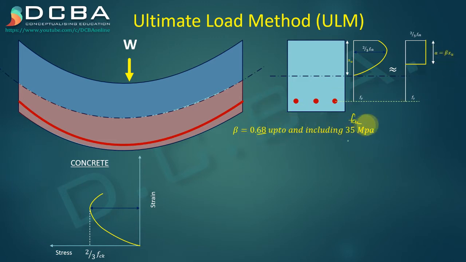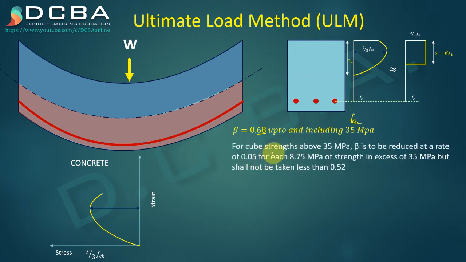But if your FCK is above 35, then for cube strength above 35 megapascals, beta is to be reduced at a rate of 0.05 for every 8.75 megapascal increase in excess of 35 MPa. But this value should not be reduced below 0.52. So if it is going below 0.52, you should take 0.52 itself.